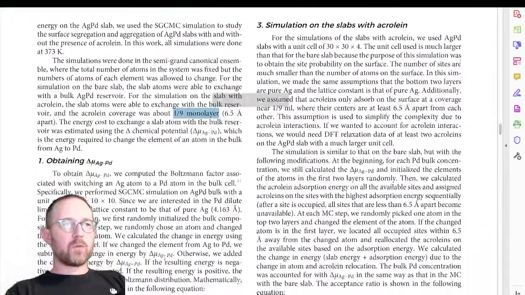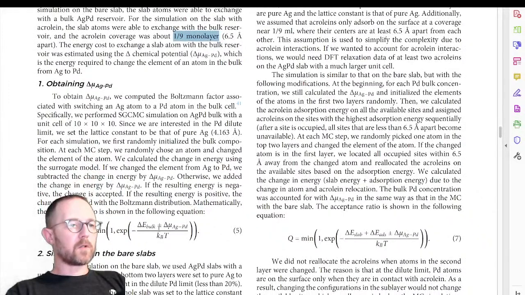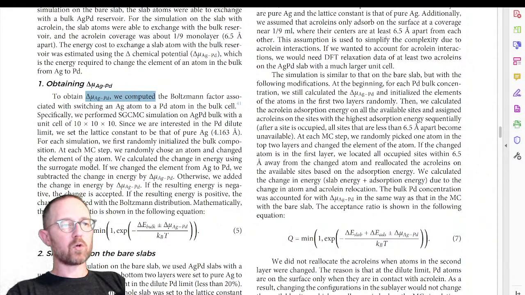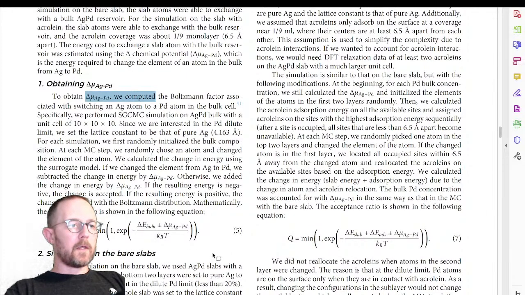Okay, so how do we get the relevant quantities? So we have to calculate the silver palladium chemical potential. We do that by a Monte Carlo simulation where we fix the chemical potential of interest and allow atoms to exchange until the energy is constant, and that gives us a mapping of chemical potential to bulk composition. Then we can do similar things with the bare slabs.